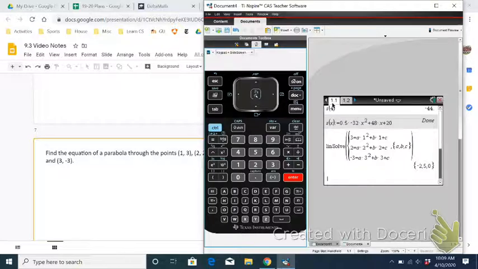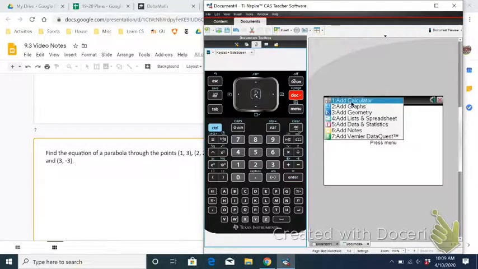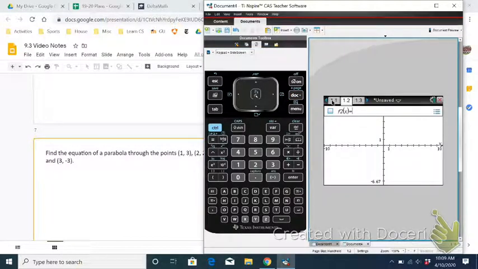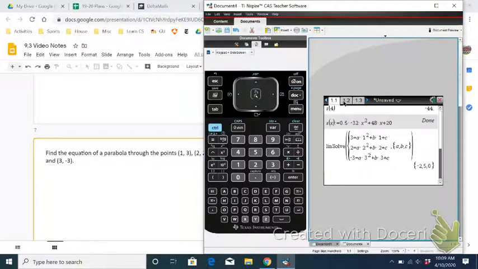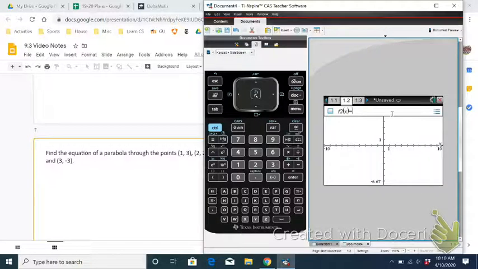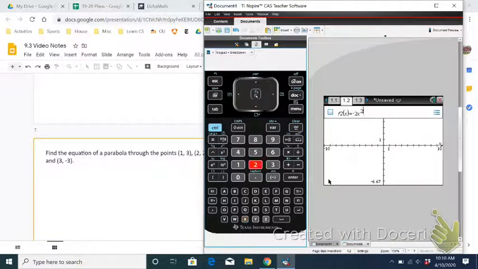So let's see if that makes sense. If I graph that, A is -2 and B is 5, so it would be -2x squared plus 5x, and then just plus 0, which you don't even need to write.